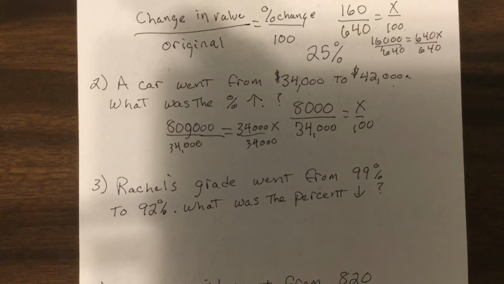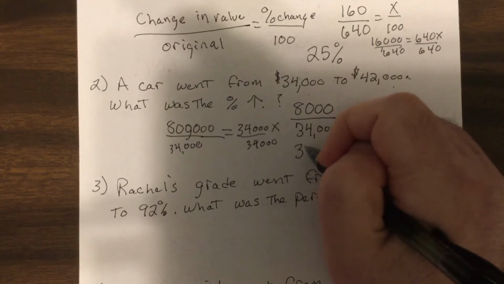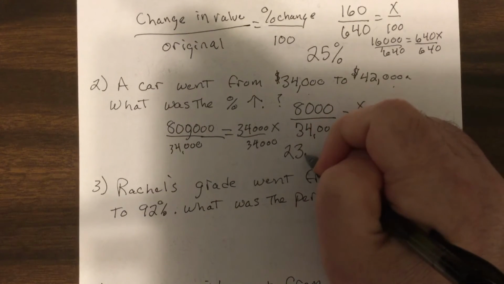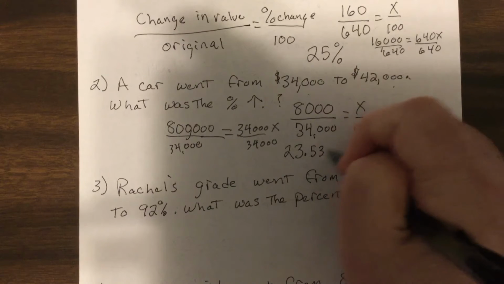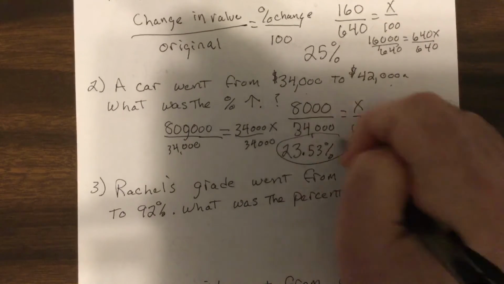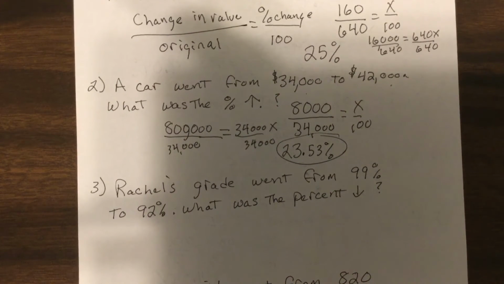So it's 800,000 divided by 3400. And I get 23%. Holy cheese. Rounding it to hundreds, so a 23% increase in about a year and a half.